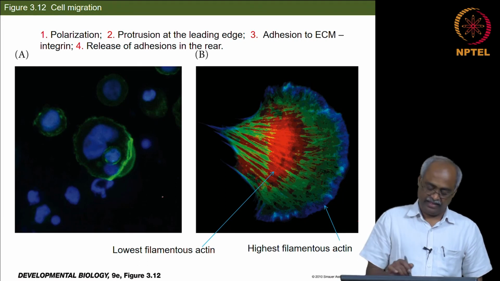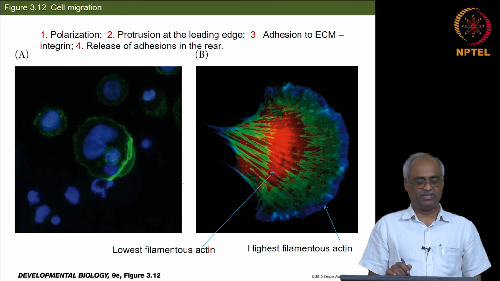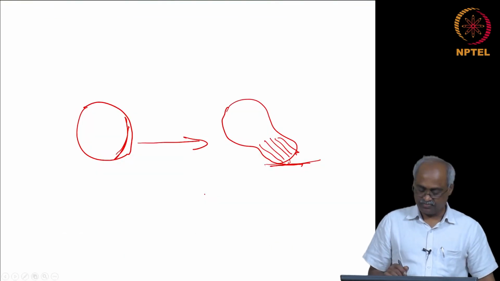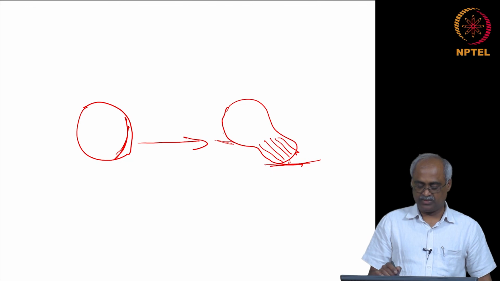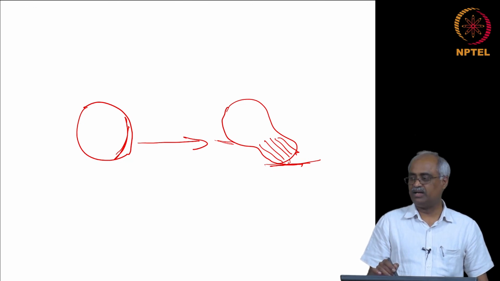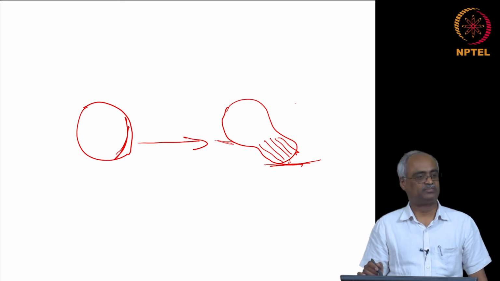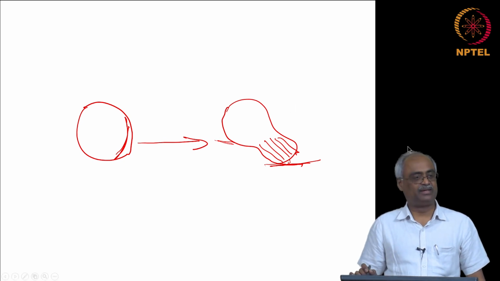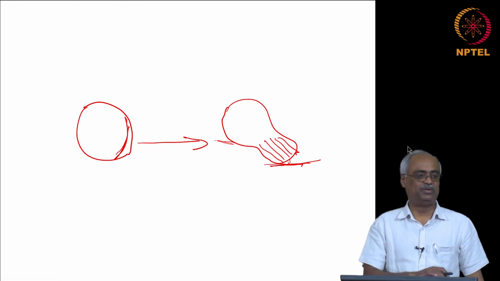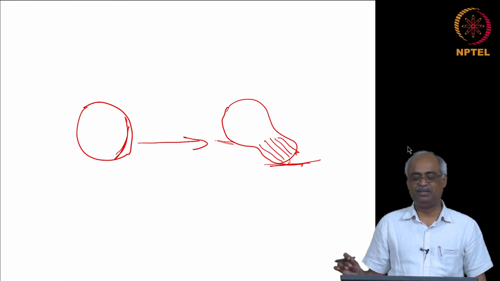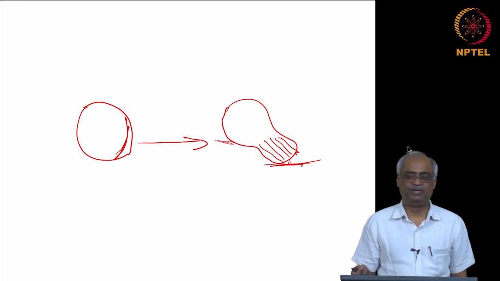And then the 4th step is on the other side, like this portion, where the attachment is detached by producing proteases that would cleave the attachments, and then this is released. So, that is how the cell migrates. It is somewhat clumsy migration, but it is good enough for cell migrations to happen in the time scales of development.